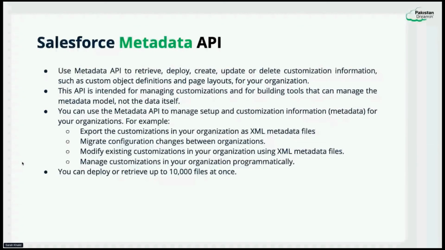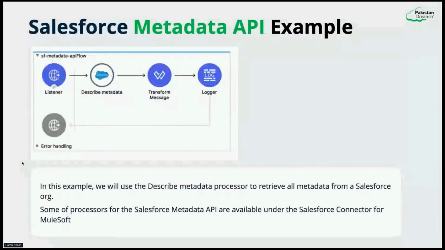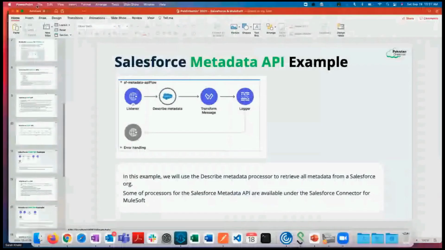So now we're gonna be going into a quick example for the Metadata API. It's a very simple example. We're using another built-in processor here called describe metadata, and that's just going to retrieve all the different types of metadata that are available in your Salesforce org. So I'm gonna switch to Anypoint Studio.